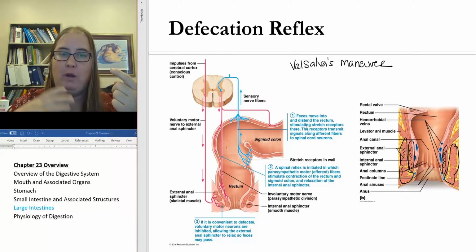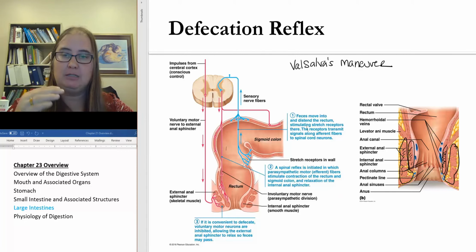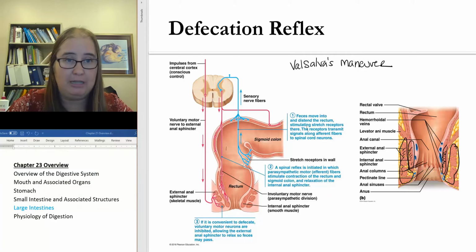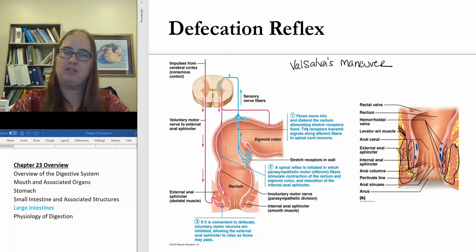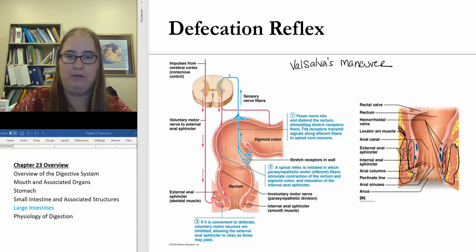When you have a bowel movement or this defecation reflex, what you often see is the closing of the glottis and the contraction of the diaphragm and the abdominal walls, and this increases the abdominal pressure. Then the levator ani muscle, which is this guy right here, also contracts, lifting the anal canal superiorly and allowing the feces to leave the body. So this Valsalva maneuver typically overlays that defecation reflex.